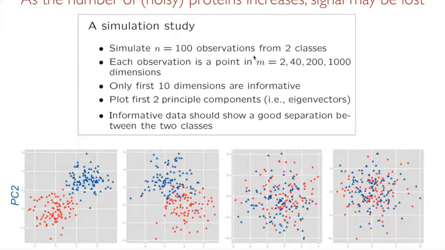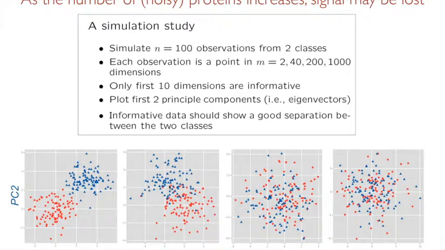Now they make several plots. The first plot only has 2 dimensions. They chop the first 2 proteins and make principal components from only those, which is just orienting our data, so we don't do any dimension reduction. Because they simulated it so that this is different from this, we clearly see the 2 groups as quite different on the plot.